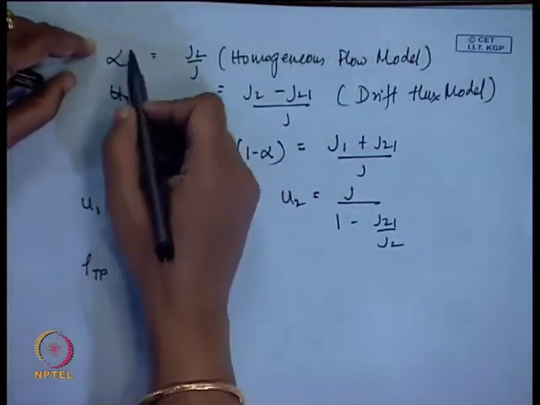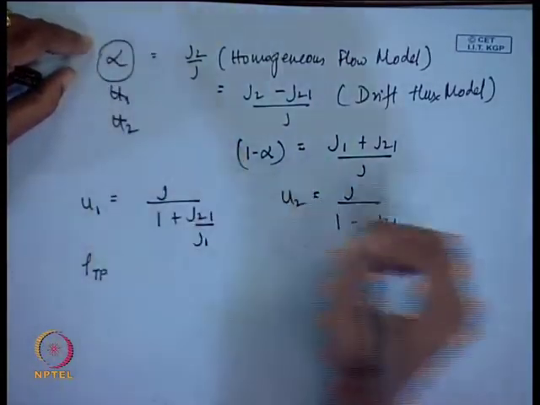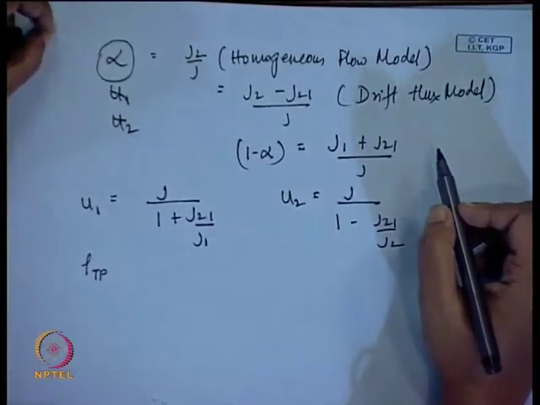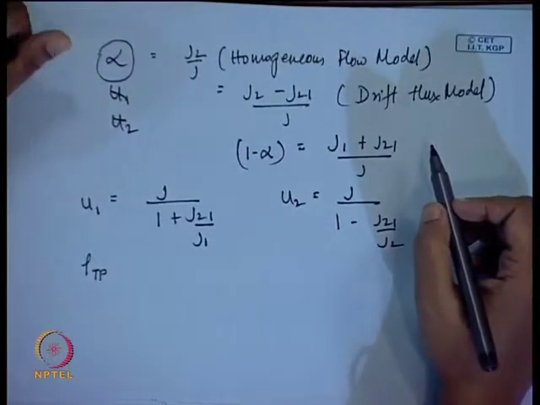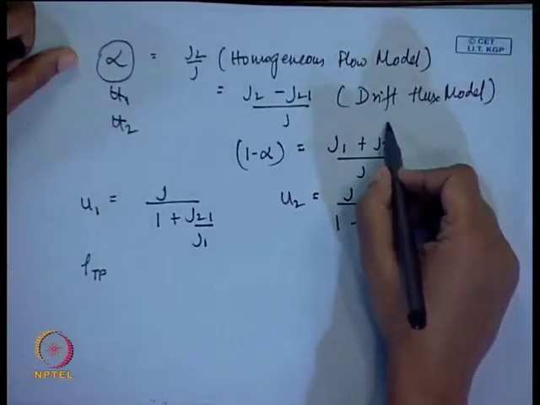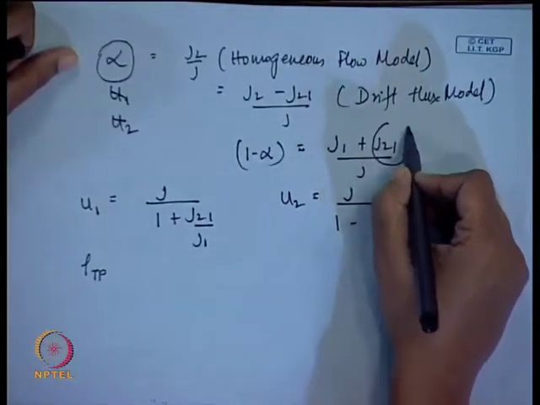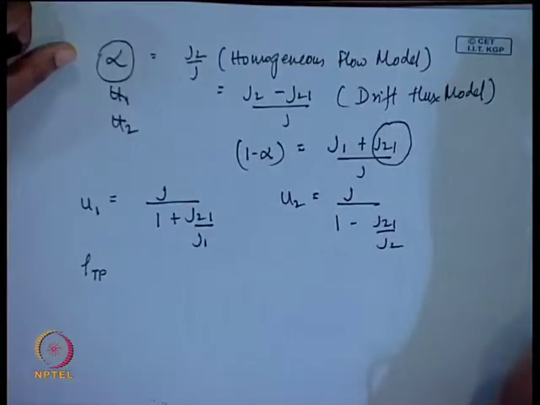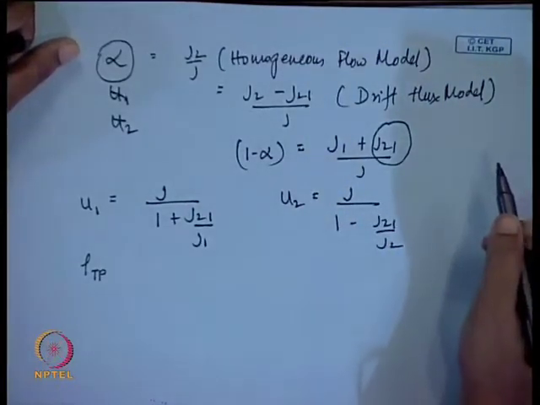Now, in order to find out alpha when the relative motion is important, what is the parameter that we have to find out? The parameter which is not an input, but has to be determined, is J21. J1, J, all those things we can already find out from input parameters.